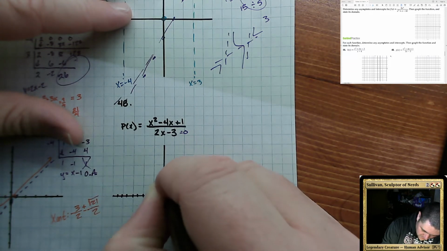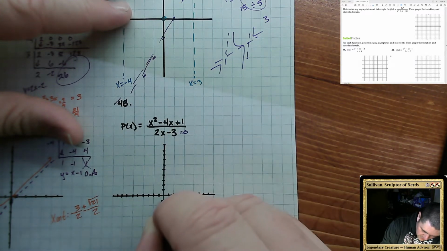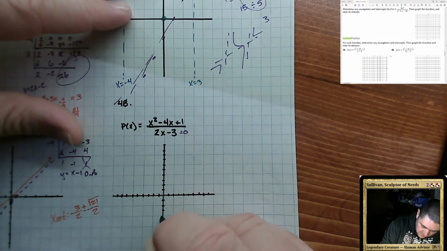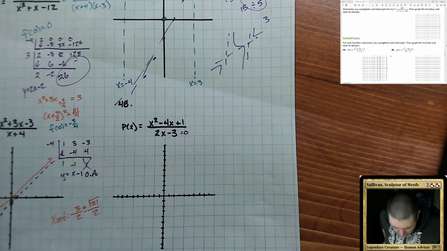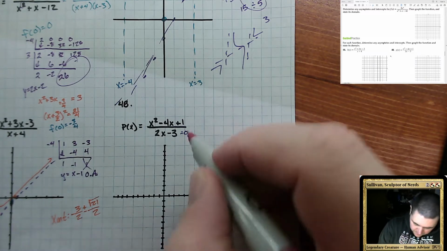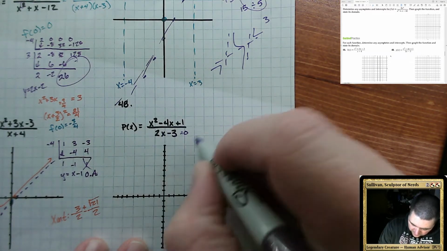One, 2, 3, 4, 5, 6, 7, 8, 9, 10. Because I don't know how big this thing's going to get. I'm just winging it. Okay. I literally just put a grid on the paper and we're going for it. Alright. I'm going to have a vertical asymptote at positive 3/2.